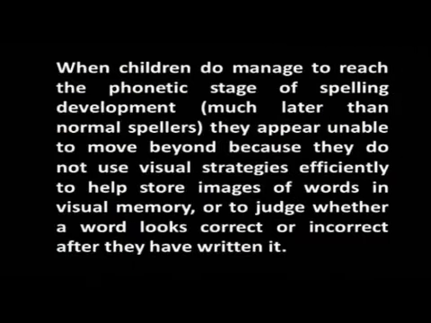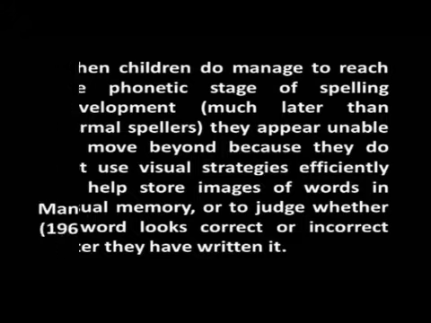Even when children do manage to reach the phonetic stage of spelling development, usually much later than normal spellers, they appear unable to move beyond it because they do not use visual strategy efficiently to help store images of words in visual memory, or to judge whether a word looks correct or incorrect after they have written it.